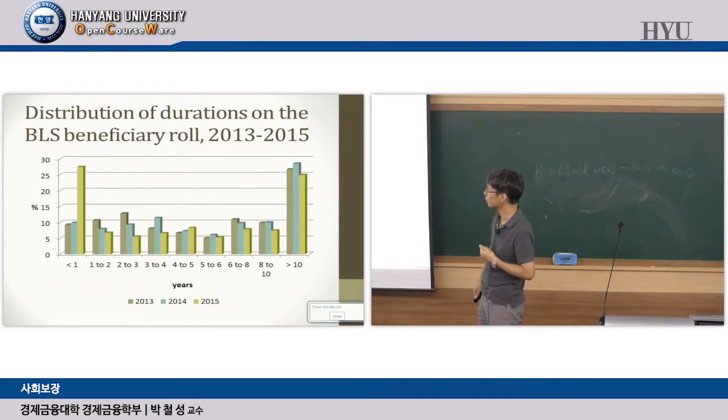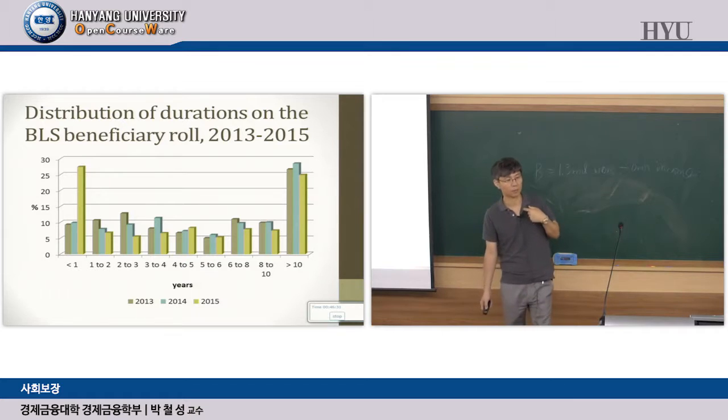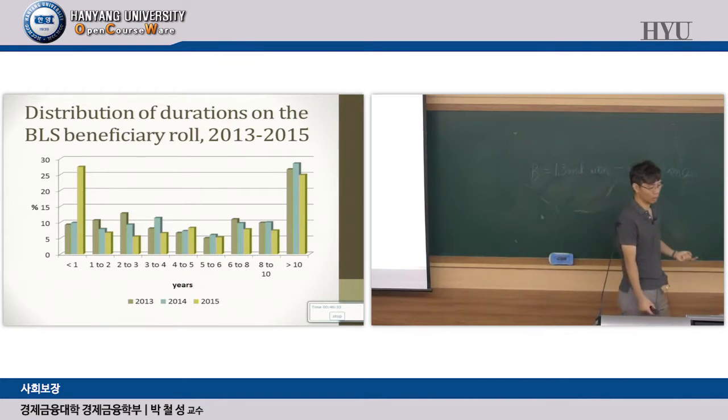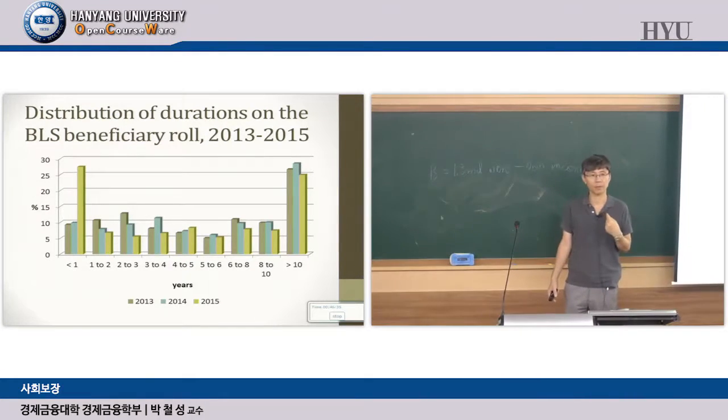Then how long are they on the benefit? It's actually a very important statistic. From the government's point of view, a welfare program is best as temporary help to poorer households, right?